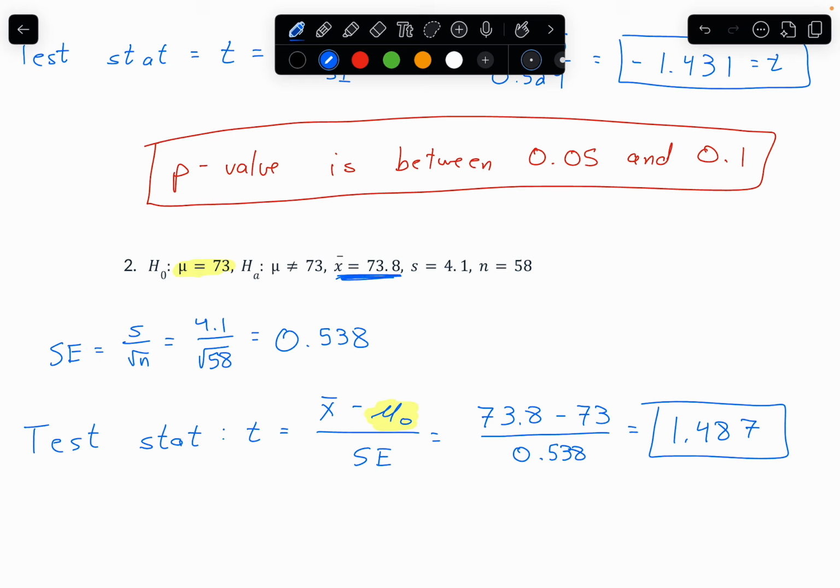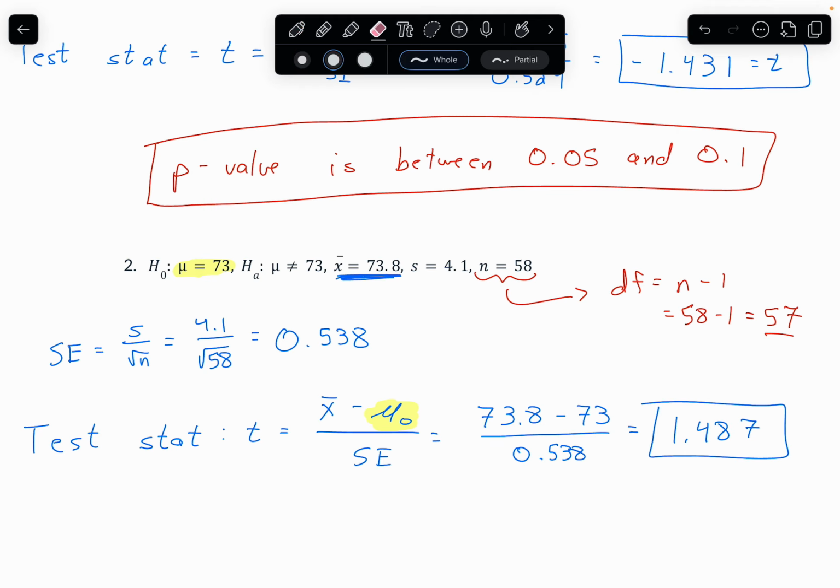I'm going to do two other things before I look over at my t-table in order to get the p-value estimation. First thing I need, remember, is my degrees of freedom. I'm looking at this value here, n. I know that degrees of freedom is n minus 1, so that would be 58 minus 1, giving me 57 degrees of freedom. So my degrees of freedom are 57. We'll need that.